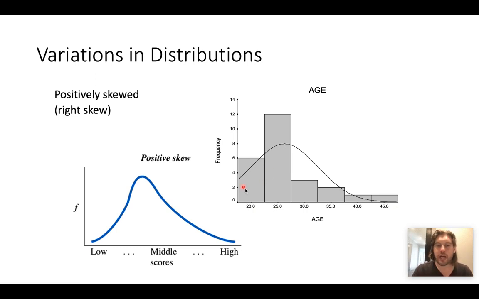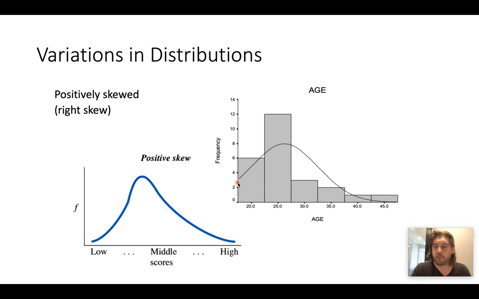We have a lot of people who are 20 to 25 or whatever, and then as you increase in age, there are fewer and fewer students. That's plausible. So we would call this a positive skew because these people over here at the high end of age are the ones pulling the distribution. They are the outliers, the less common scores.